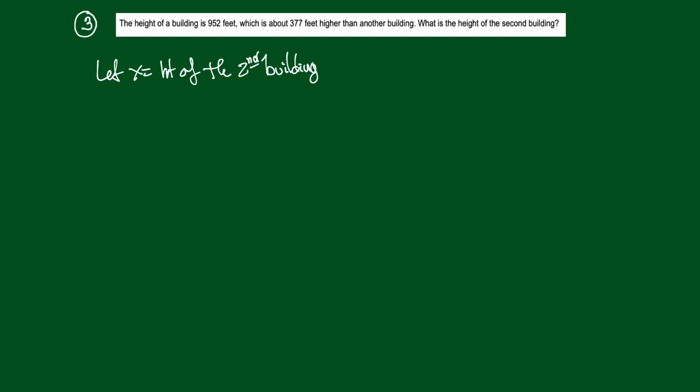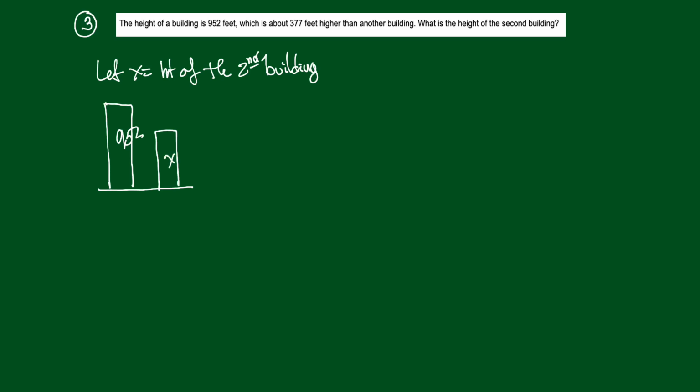Now let's read through here and see if we can just write what we read. Well, there's a couple ways to do this, I think. The height of a building, okay, if I can draw something, I'm going to draw it. So here's one building. Right now, this building is 952 feet high. There's another building. This is what I'm trying to find, right? That x there.